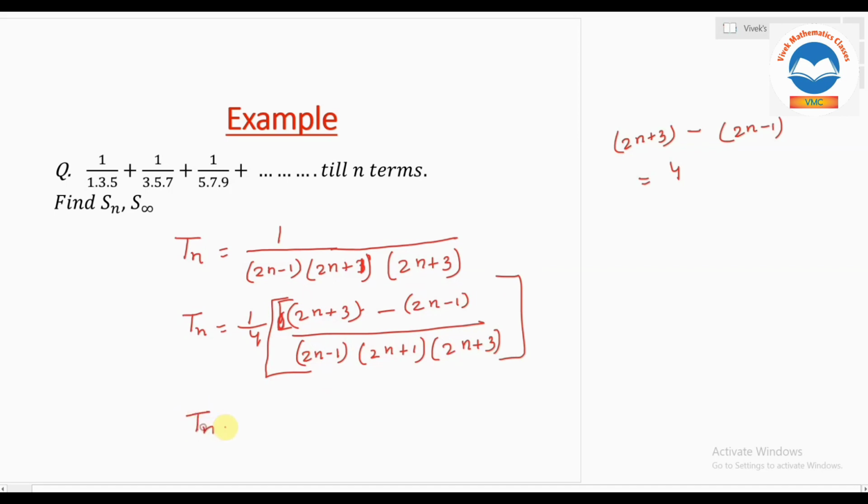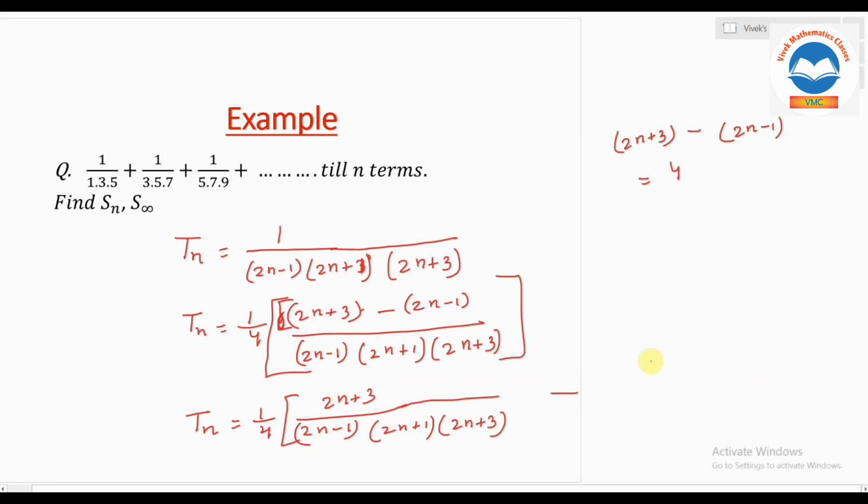So what are we getting as Tn? If you split the terms, you will get 1 by 4 and 2n plus 3 divided by 2n minus 1, 2n plus 1 and 2n plus 3. So these are our 3 terms.